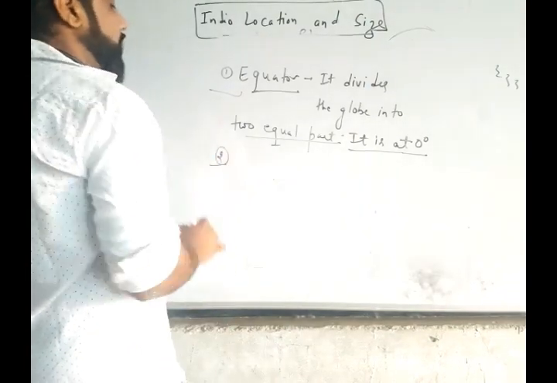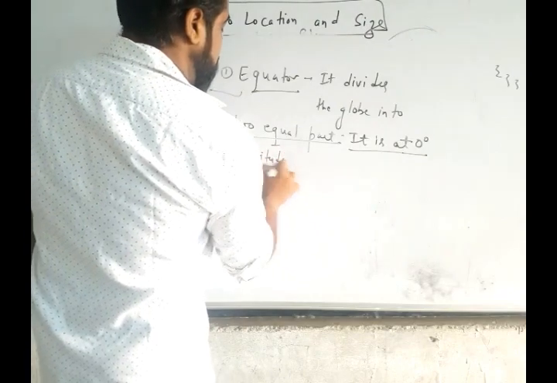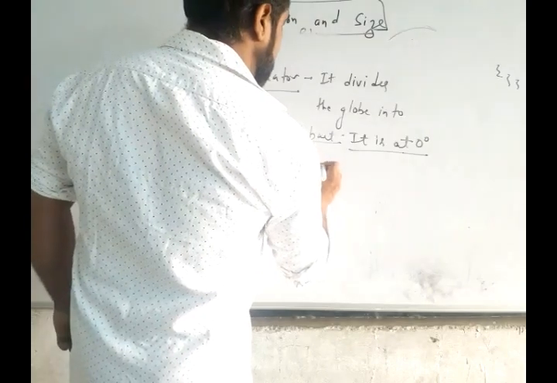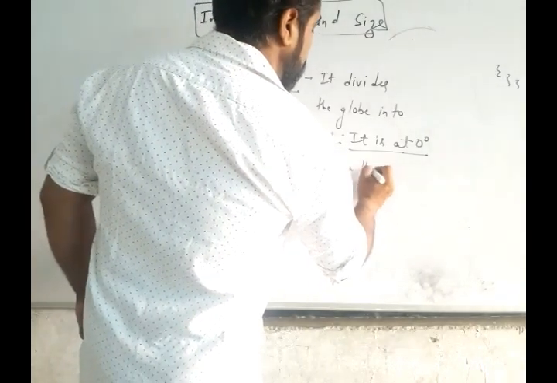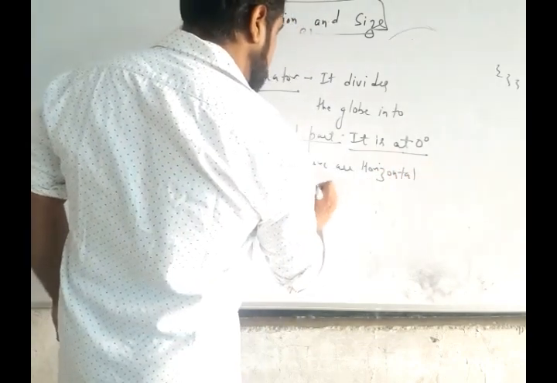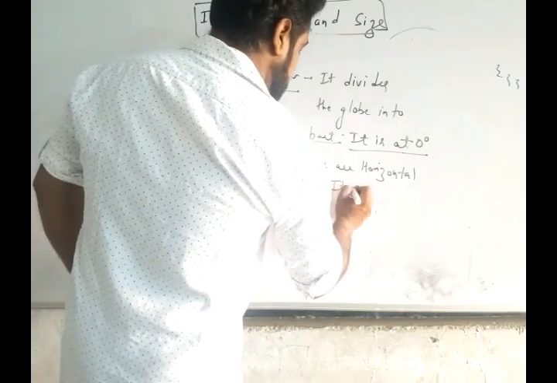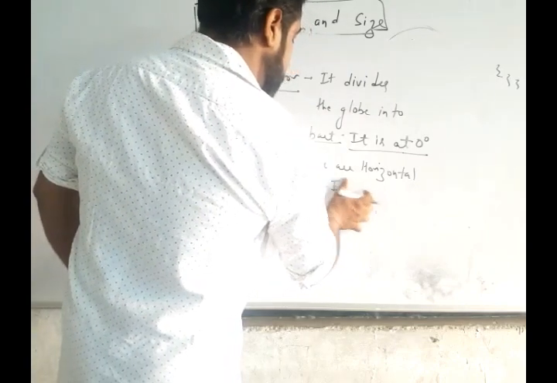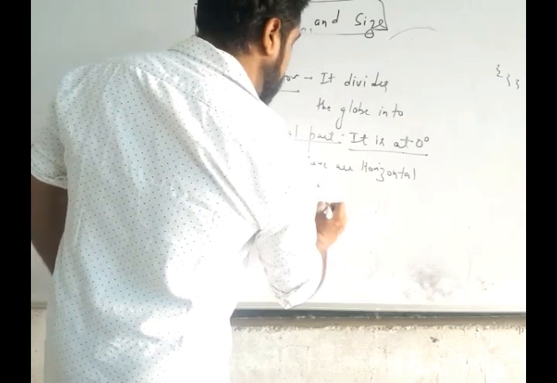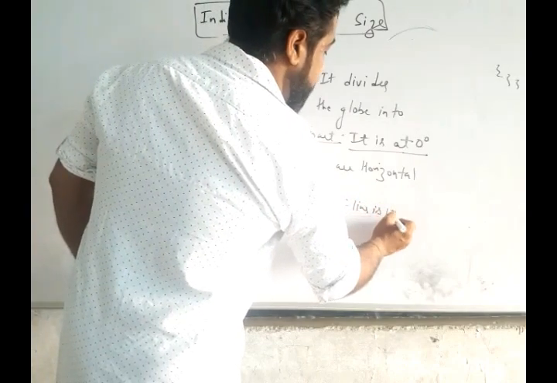Second, latitude. These are the horizontal lines. Total number of lines is 181.